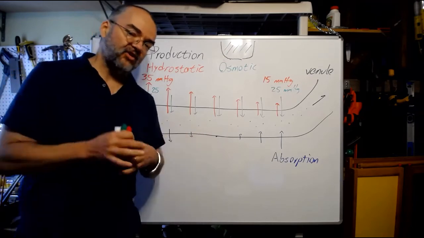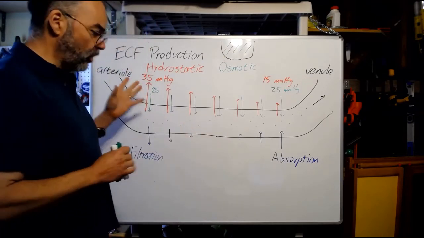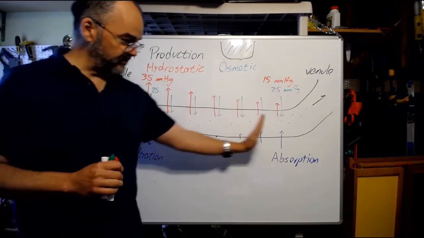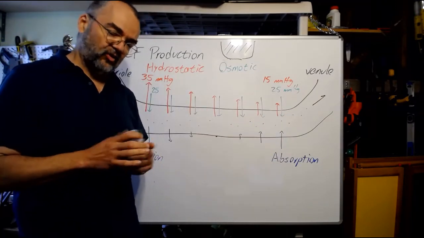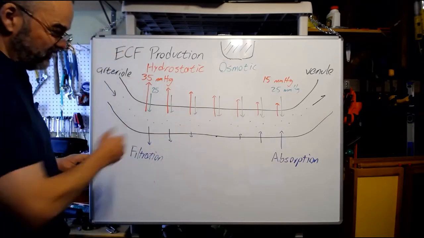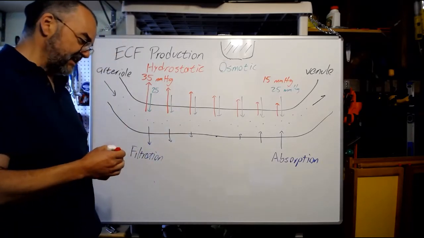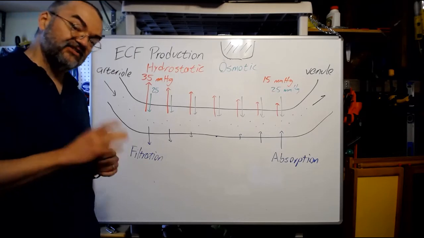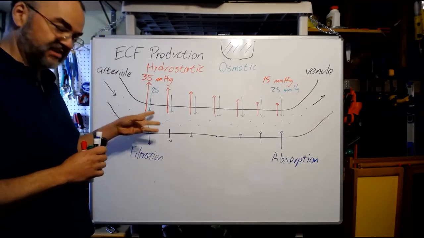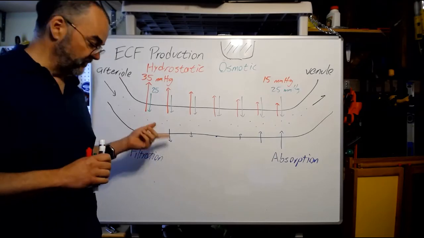I might, though, ask the question, overall, which way is water going to go? If I averaged all of this out, if I took the whole capillary, overall, is water going outward or inward? On this diagram, it looks like it's fairly close to balanced, and it is close. But in the end, we have a slight bias, most of the time, toward filtration.